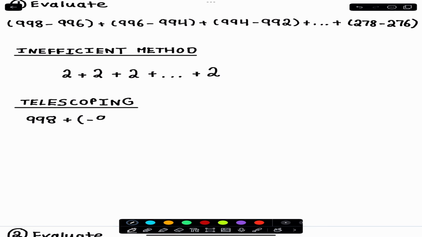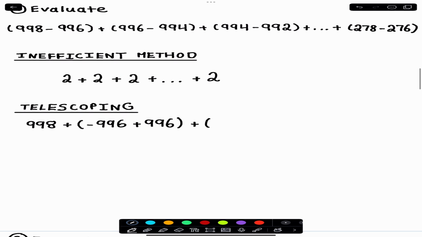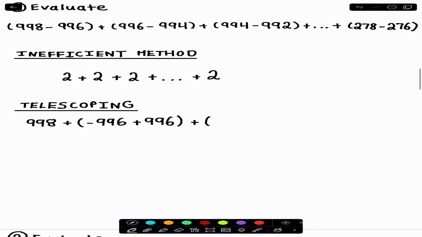We still have our negative 996, remember? This time I'm going to pair it up smartly. I'm going to pair it up with a positive 996, and I think you see where this is going. Why would I do that? Well, that's because negative 996 plus 996 is a very special number in math.